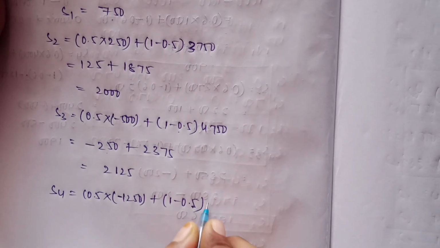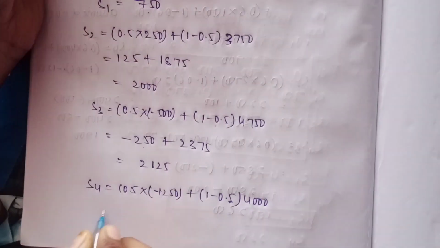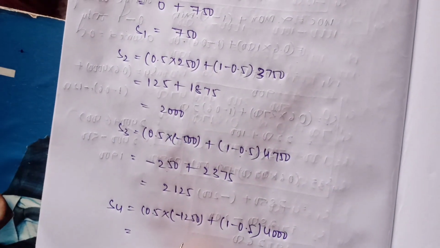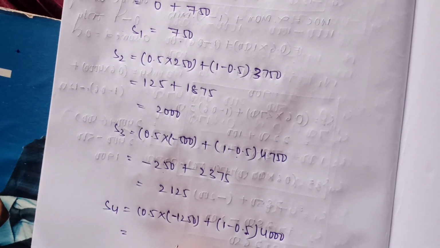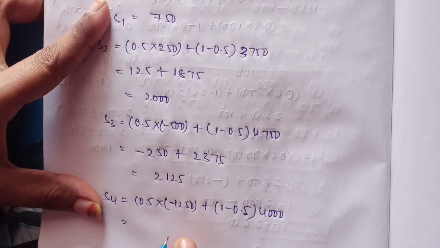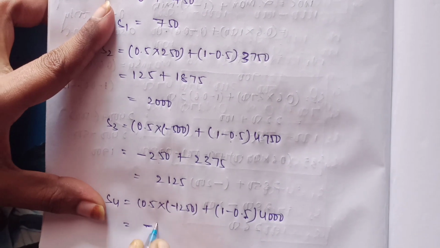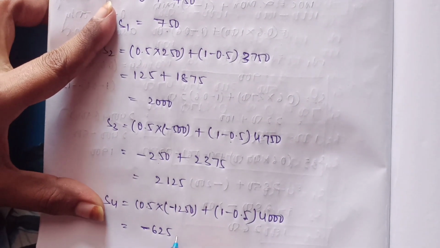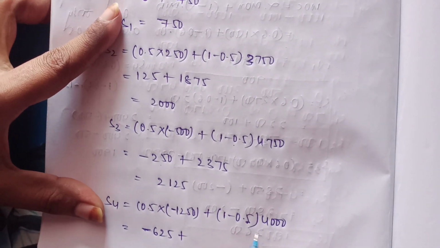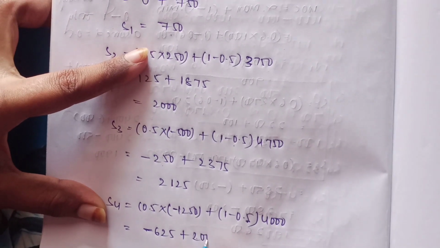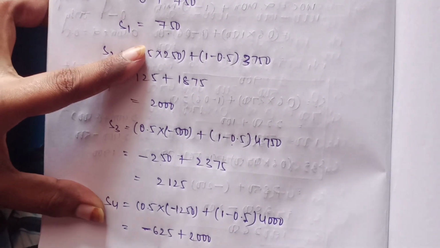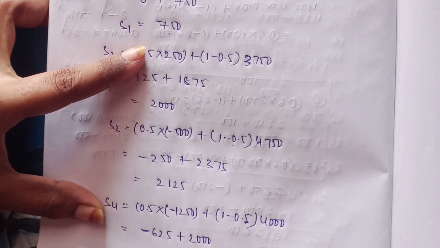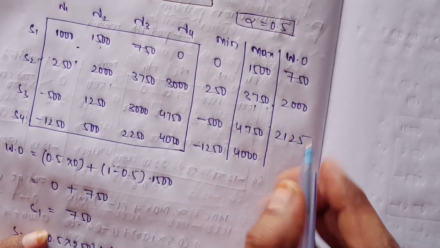So 0.5 into minus 1250 is equal to minus 625, plus 0.5 into 4000 is equal to 2000, which gives 1375.